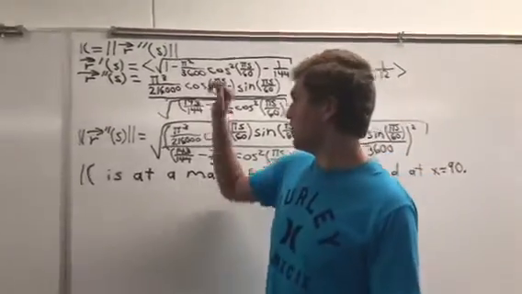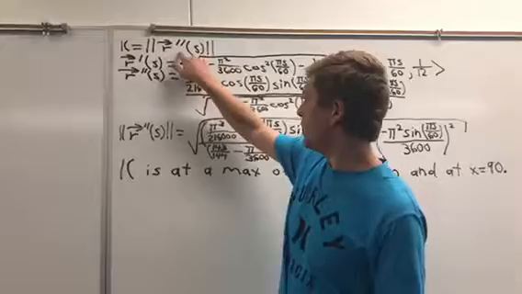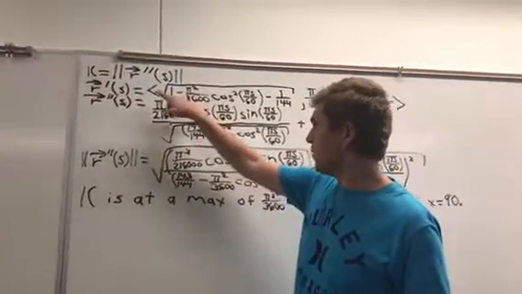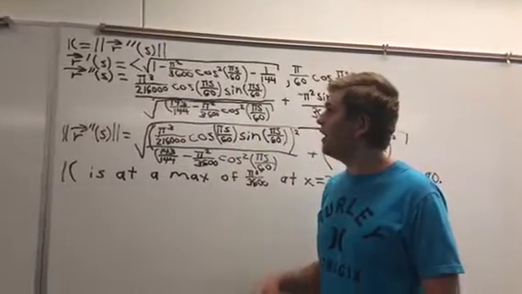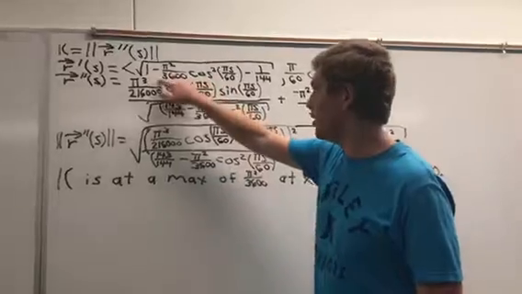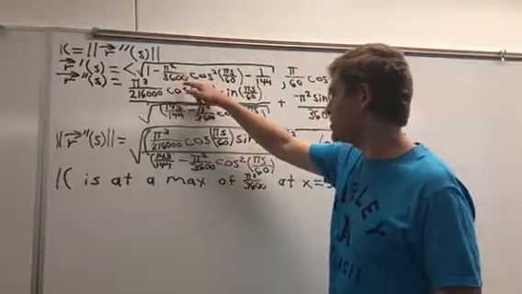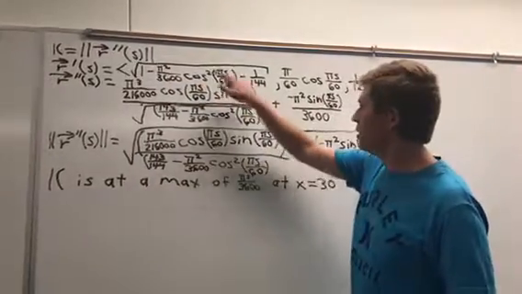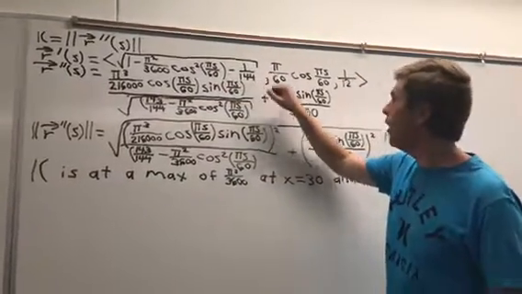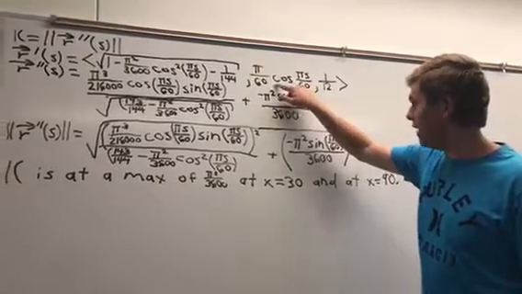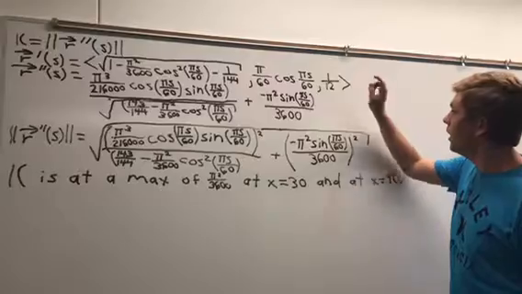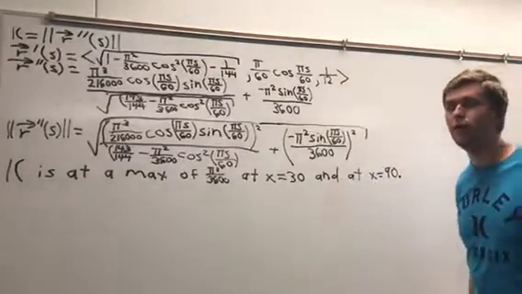So the curvature function is the magnitude of r double prime of s, and from the first question we determined that r single prime of s has an x component of 1 minus pi squared over 3600 cosine squared of pi s over 60 minus 1 over 144, a y component of pi over 60 cosine of pi s over 60, and a z component of 1/12.